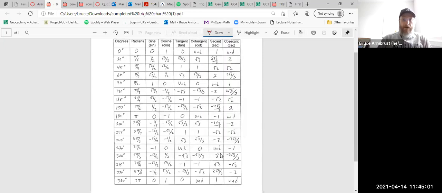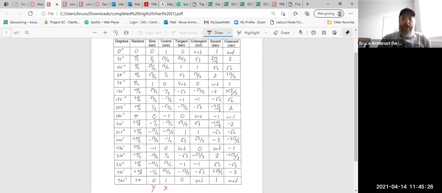First of all, the sine, that was the y coordinate of the point. So if we had a point x, y, sine was the y coordinate and cosine was the x. So given a point that's on a unit circle, the y coordinate is the sine value and the x coordinate is the cosine value. Super easy.